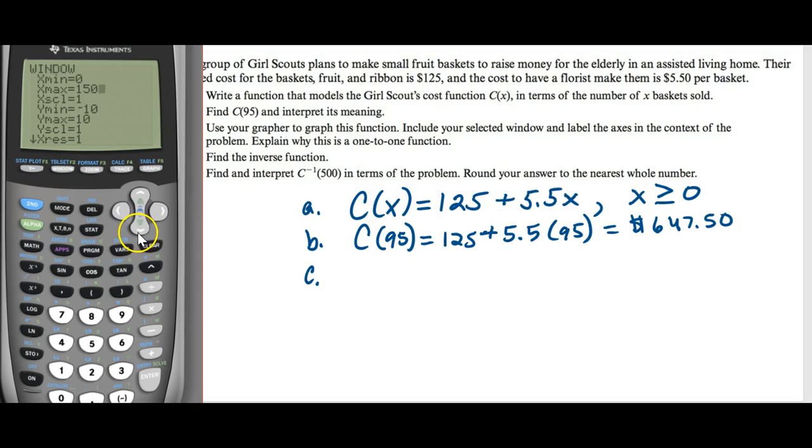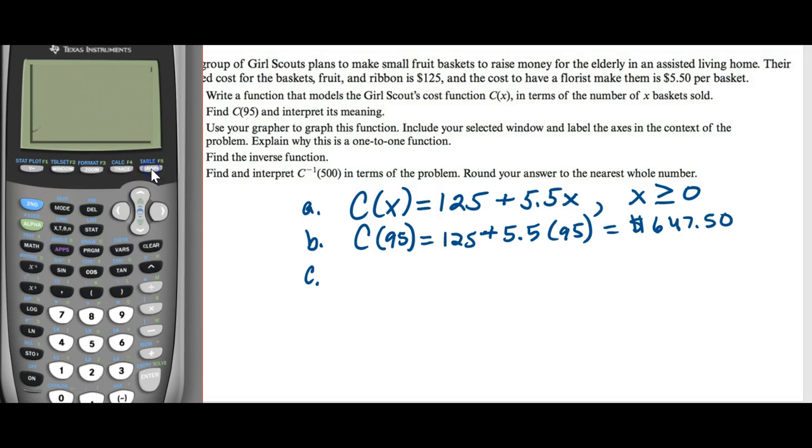And our y would also be a minimum of 0. And if we put in 150 for x, then what will we get? We'd get 950. So I think I'm just going to say, let's just say 1,000 for our maximum y.